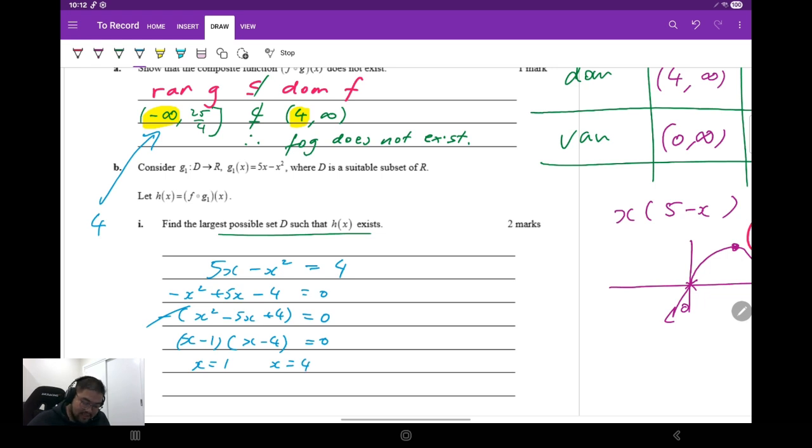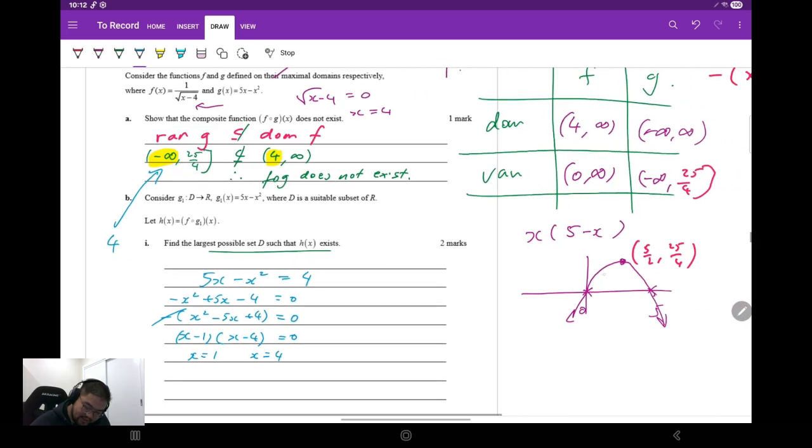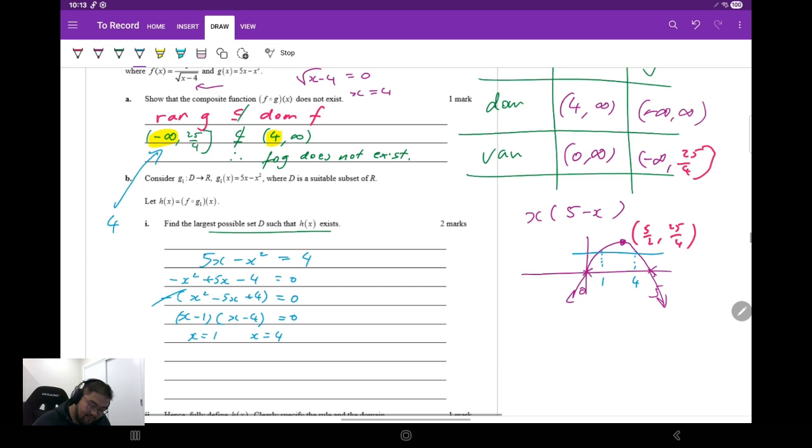But what does that actually mean? Is it going to be above or below? If we investigate this graph, with x equal to 1 and x equal to 4, we want the domain where it's going to be defined. It can be defined for x between 1 and 4.